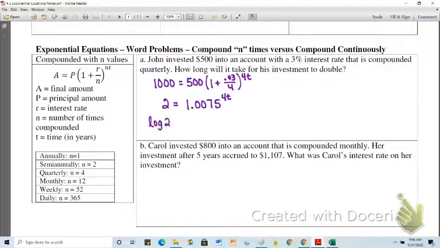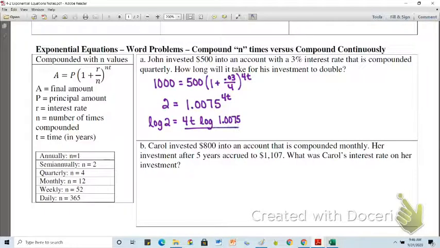So it's log of 2 equals, and remember, when I take the log of both sides, I can move my exponent to the front. So I'm going to do that all in one step. So it's 4t log of 1.0075.